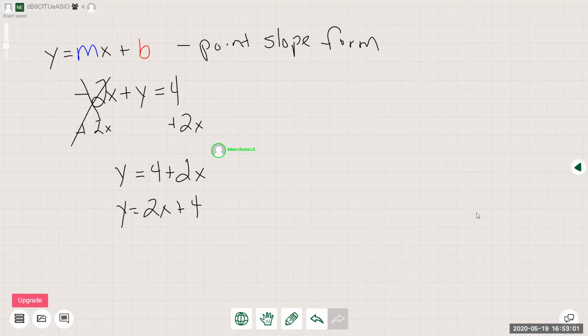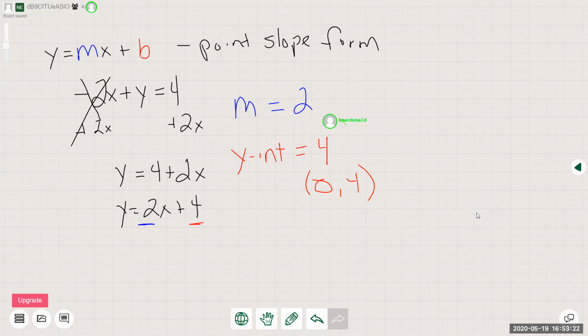So our slope is going to be here, and that's a 2. And our y-intercept is going to be here, and it's a positive 4. So we can graph this by graphing the point 0, 4, and then going up 2 and over 1, and that will give us our line.